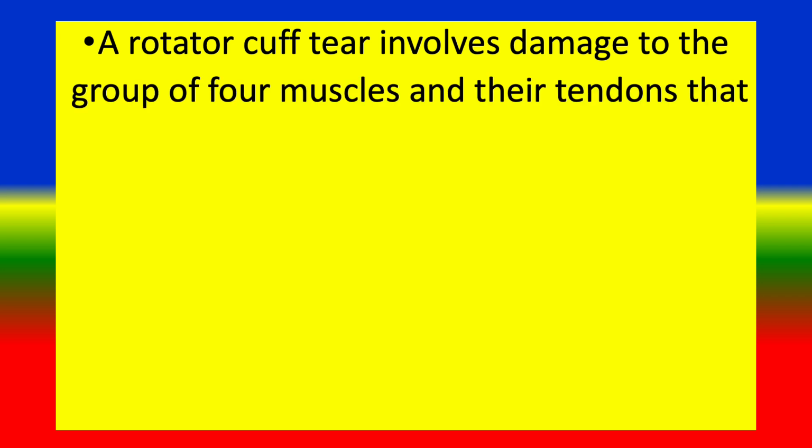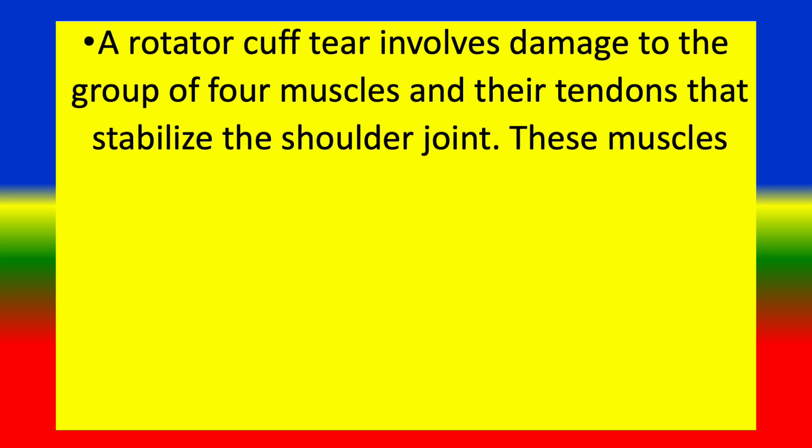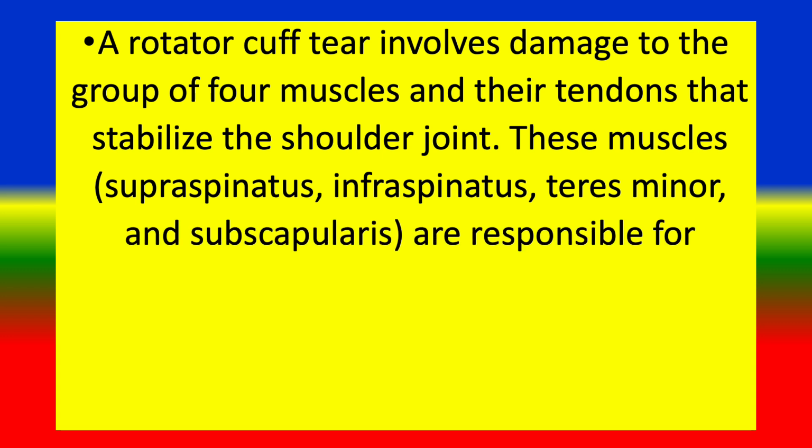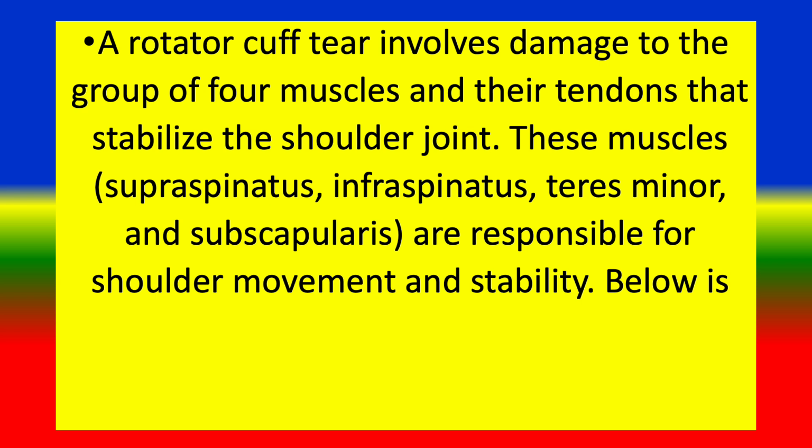A rotator cuff tear involves damage to the group of four muscles and their tendons that stabilize the shoulder joint. These muscles, supraspinatus, infraspinatus, teres minor, and subscapularis, are responsible for shoulder movement and stability.